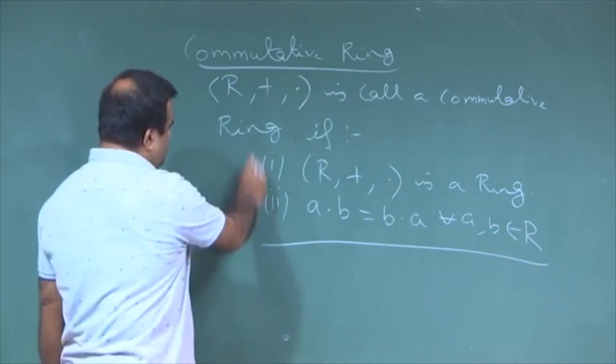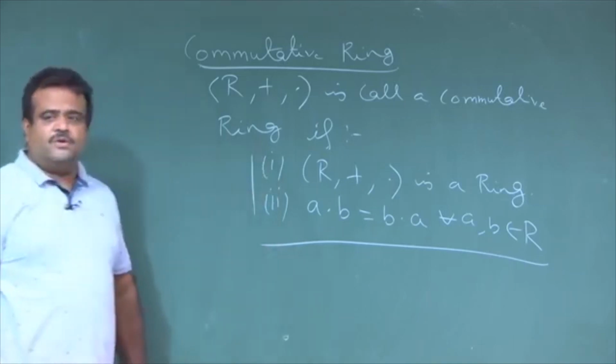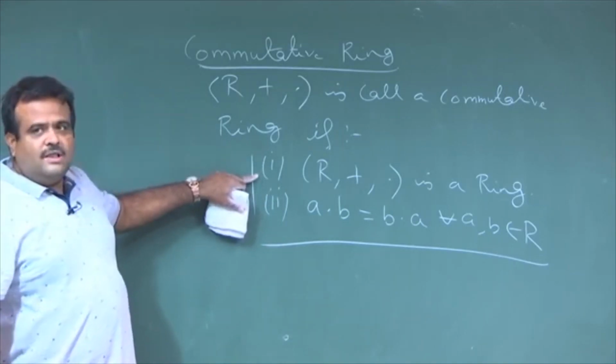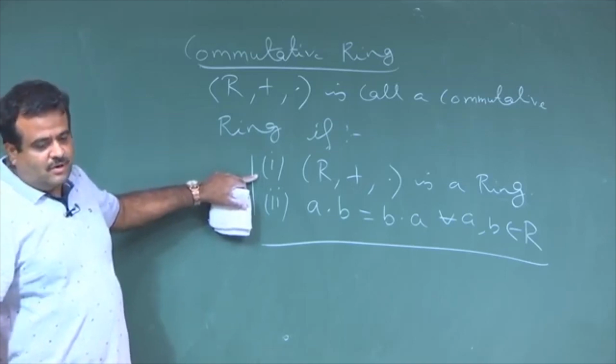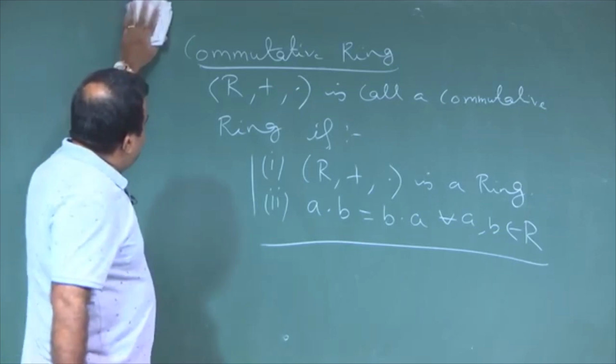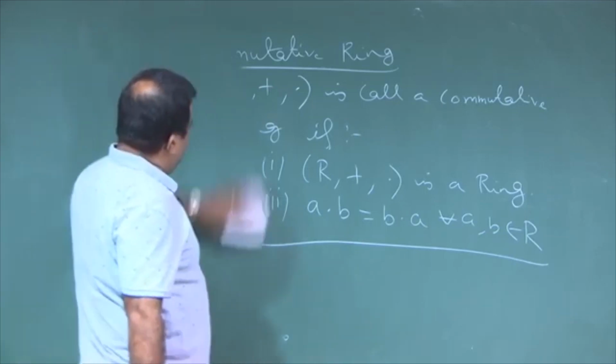If these two are satisfied, then it is called a commutative ring, and once it is a commutative ring, the left distributive law and right distributive law are the same. Okay. So, now we define the ring with identity element.